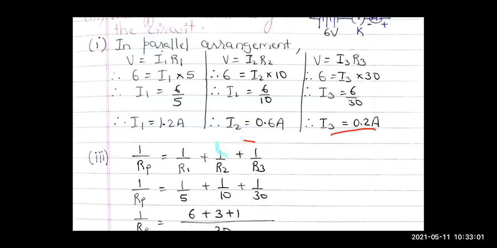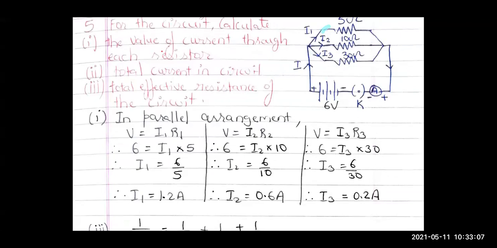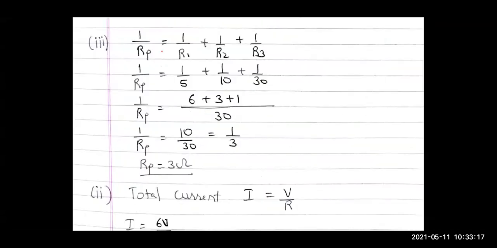Now let's see the effective resistance. As you can see, the three resistors, 5 ohm, 10 ohm, 30 ohm, are connected in parallel. So their effective resistance will be given by the parallel formula, which is 1 upon Rp equals 1 by R1 plus 1 by R2 plus 1 by R3. R1 value we are putting as 5 ohm, R2 is 10 ohm, R3 is 30 ohm.